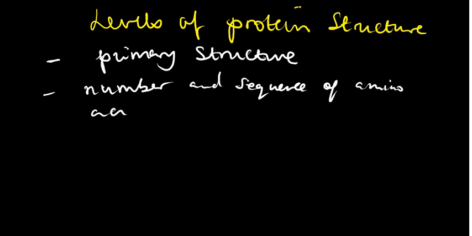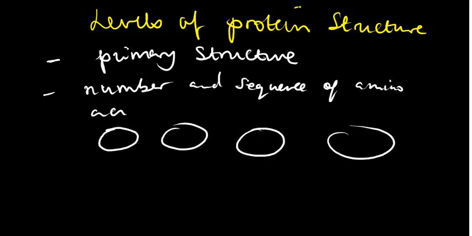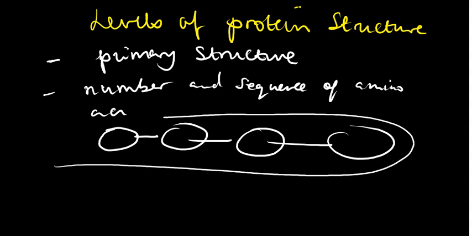So the primary structure will simply tell you the basic structure before these amino acids even begin to fold themselves into different shapes. So if we have this amino acid here, an amino acid there, and another one, and these are linked by a peptide bond, this structure is what we call a primary structure. It is simply the number and the sequence of these amino acids.